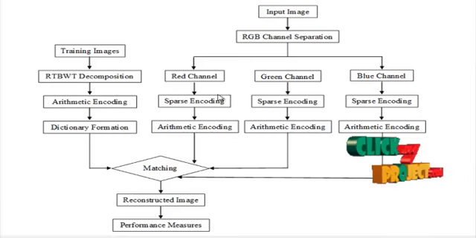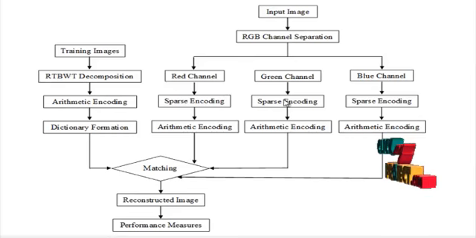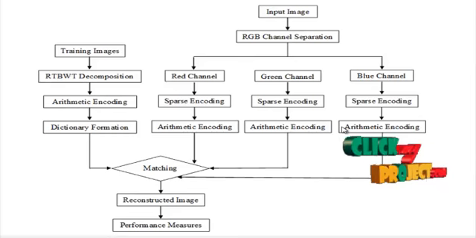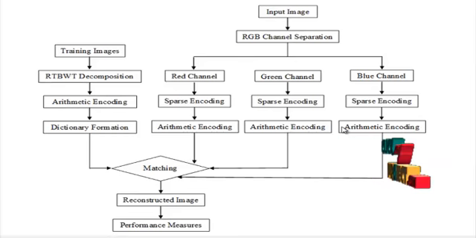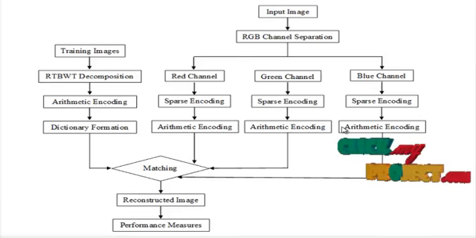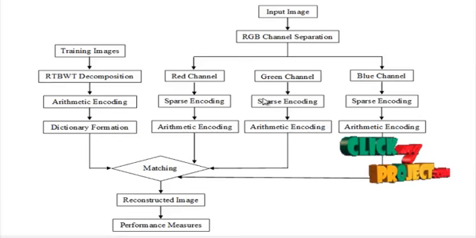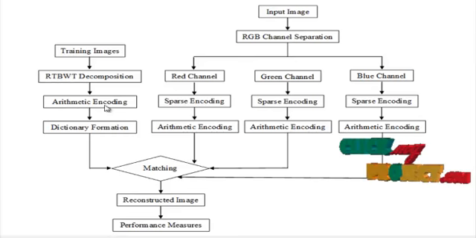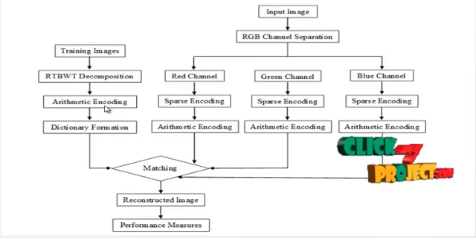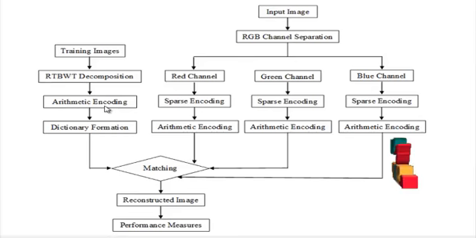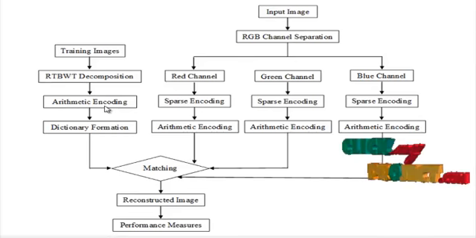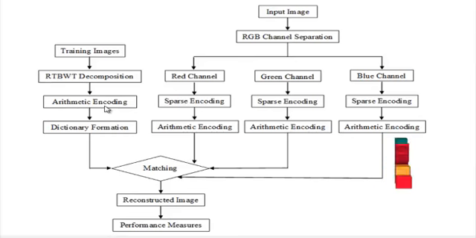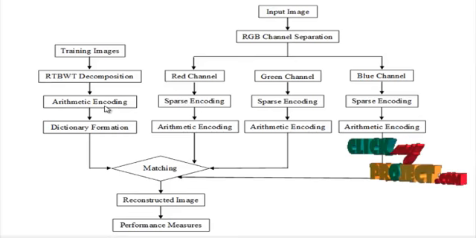The encoding of each color channel results in a single row of values that contains the encoded bits of the input image. In the training process, the dictionary is constructed. Dictionary construction refers to the identification of the formation of the original pixel information.